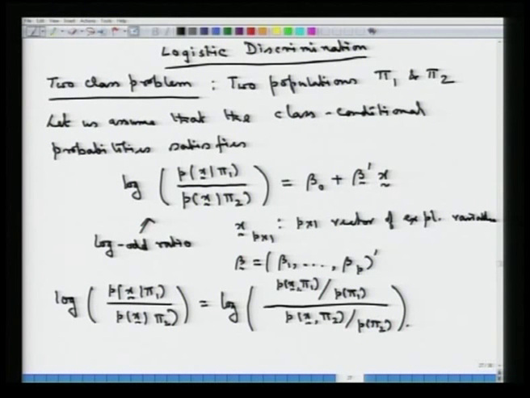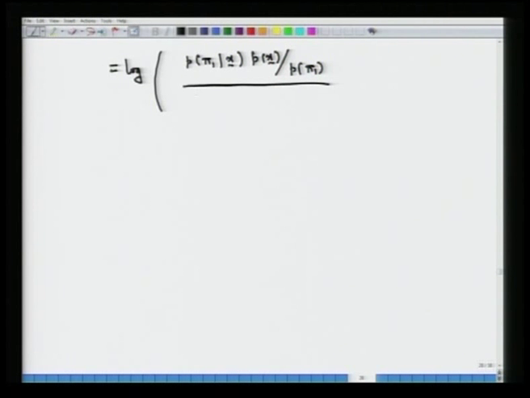We can write this further as the log of p pi 1 given x, the posterior probability, times p x, divided by p pi 2 given x times the marginal density of x, and divided by p pi 2.